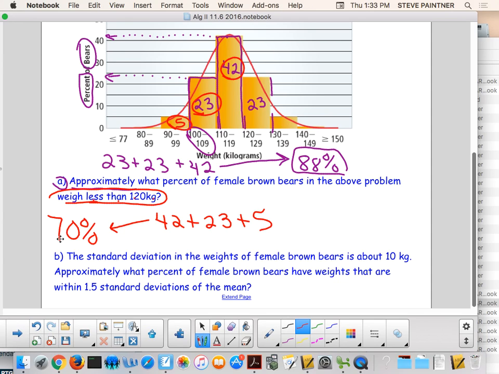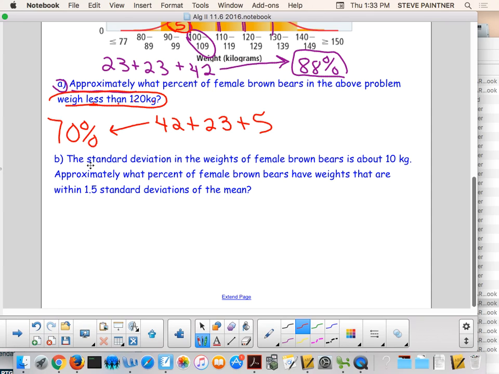Now you can think standard deviation like we talked about yesterday. Let's just say the standard deviation is 10. Okay? The second they start telling me that, I go, oh, this is normal distribution.